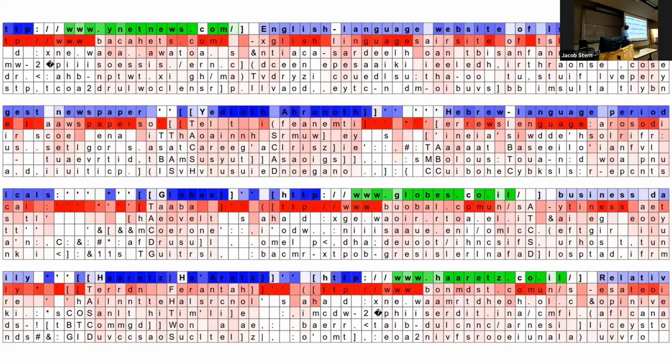On the top row of each of these, we have a URL. And on the subsequent rows, we have the top token probabilities. Each of these is probabilities for the next token.